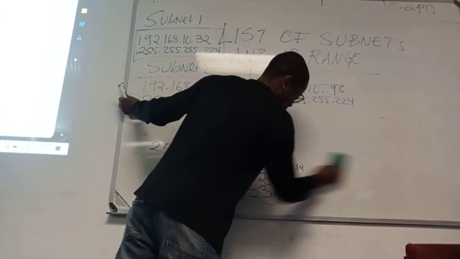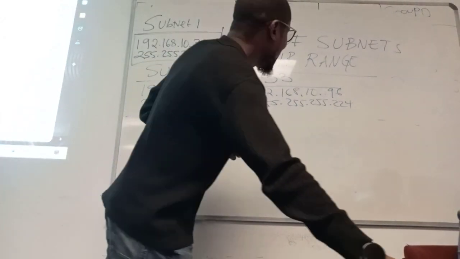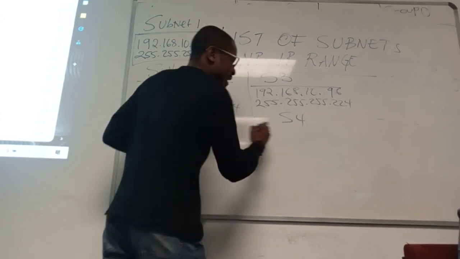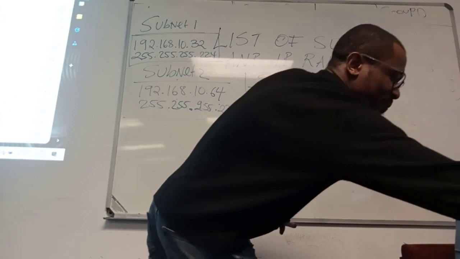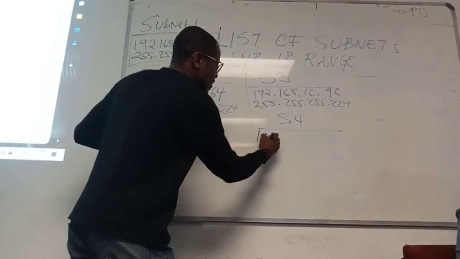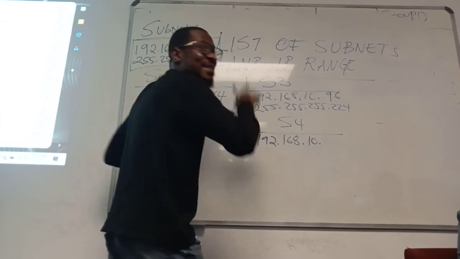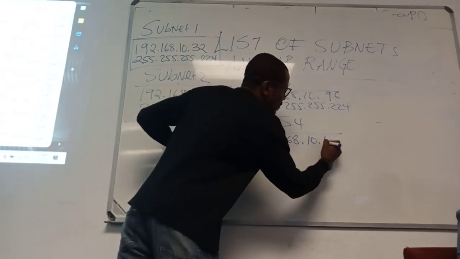Alright? Now we're going to move where? To subnet number 4. That's going to be 192.168.10.96 plus 32. That's going to be what? 128.